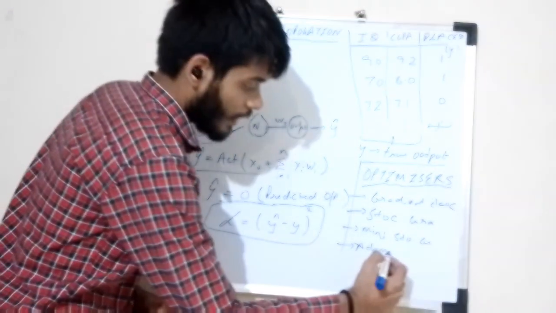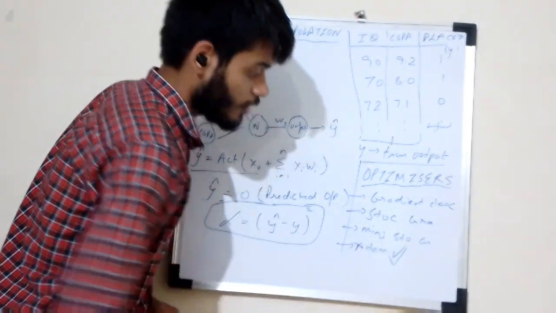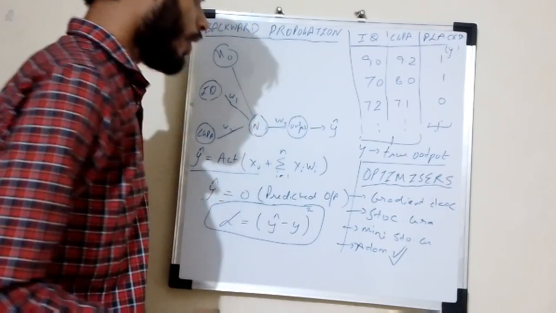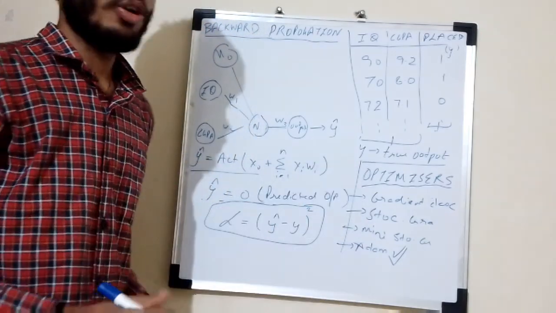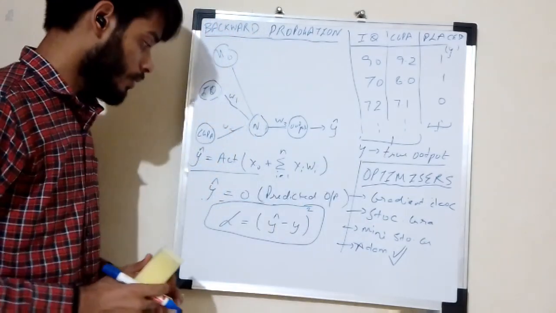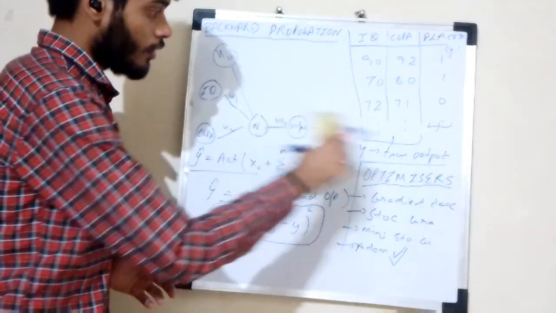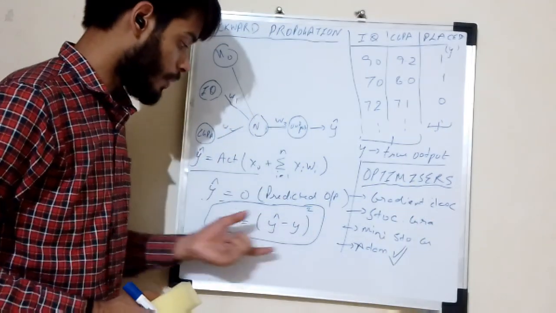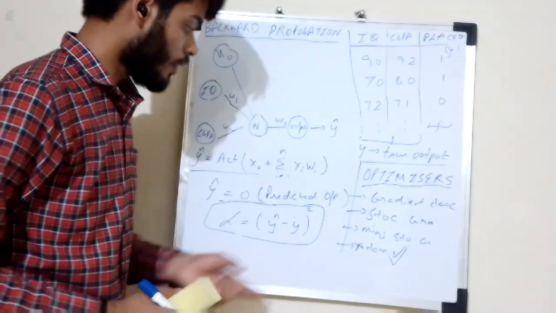Mostly in our practicals, in most cases, we use the Adam optimizer. We'll be talking in depth about these optimizers. So we are using the optimizers to reduce our loss function.